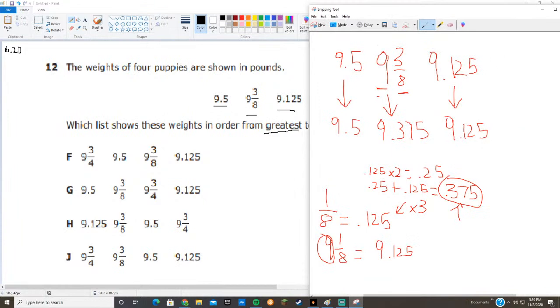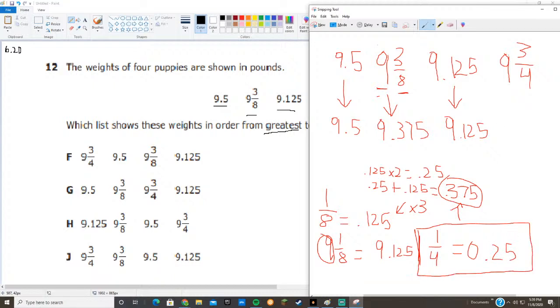So we'll write down 9 3/4. And with fourths, each fourth is equal to 0.25.